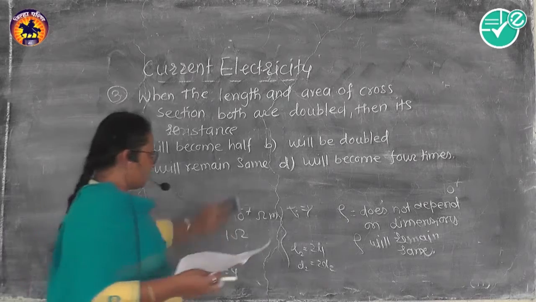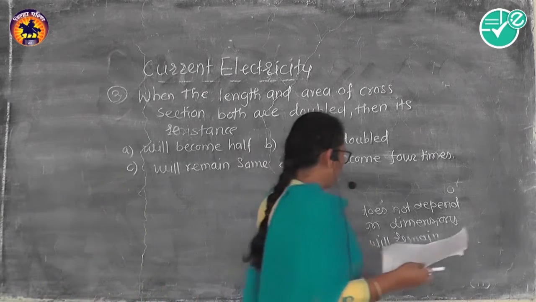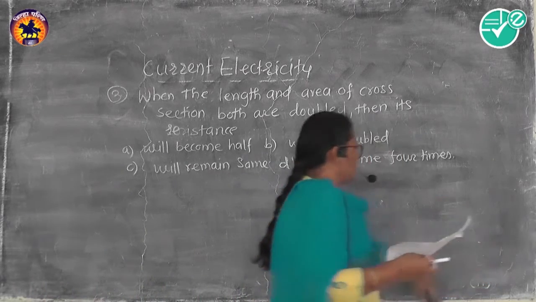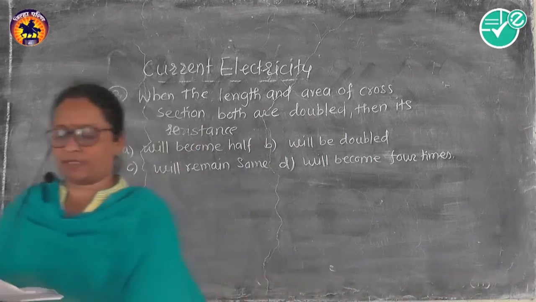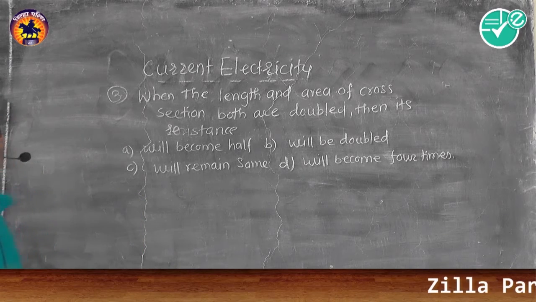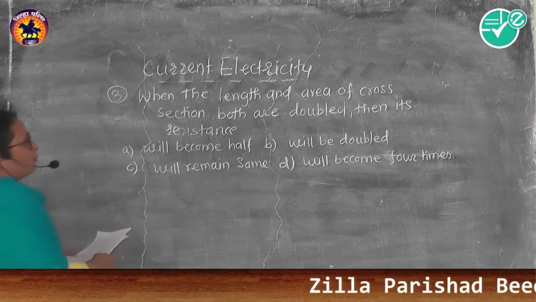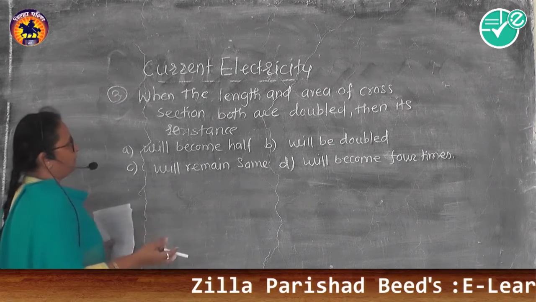If we read this example carefully, we get the data is given such as when the length and area of cross section both are doubled.